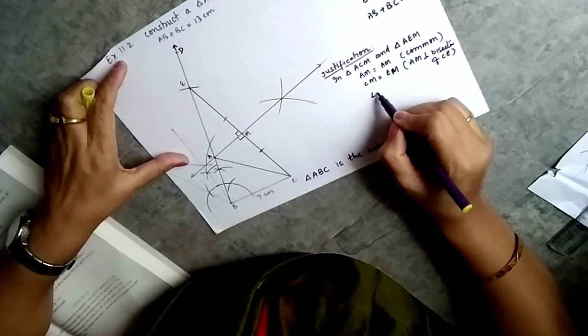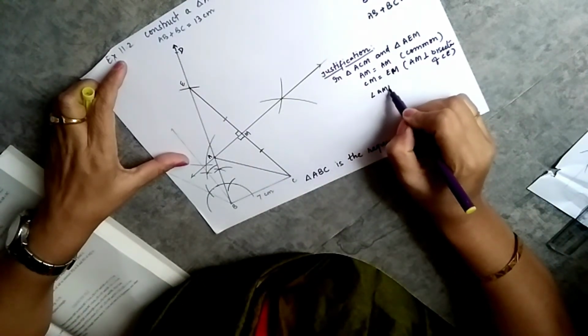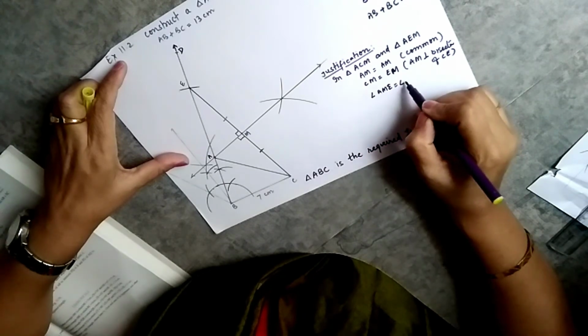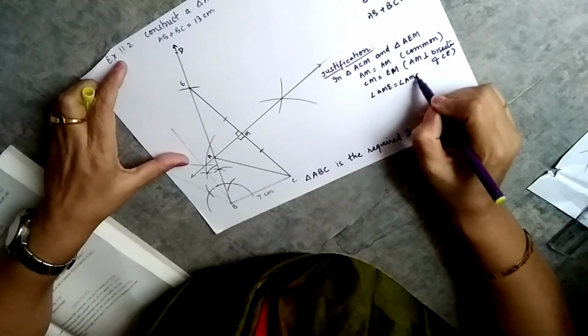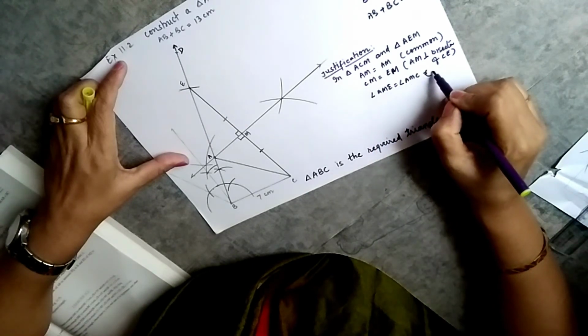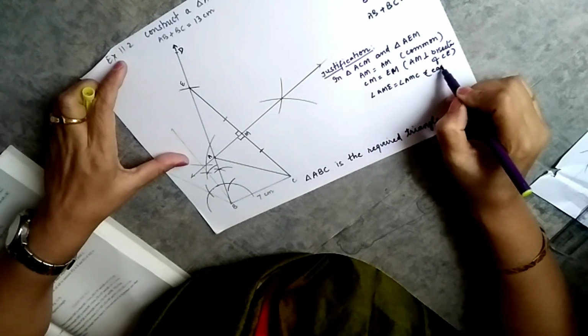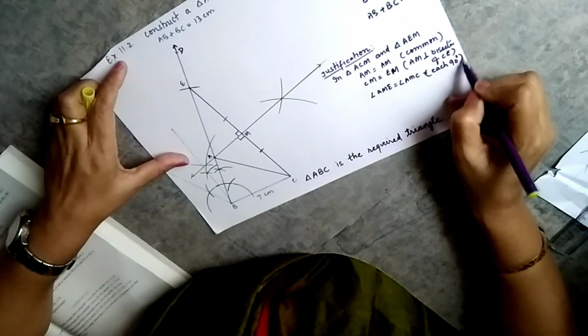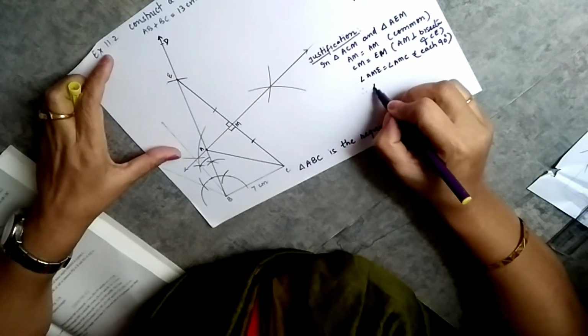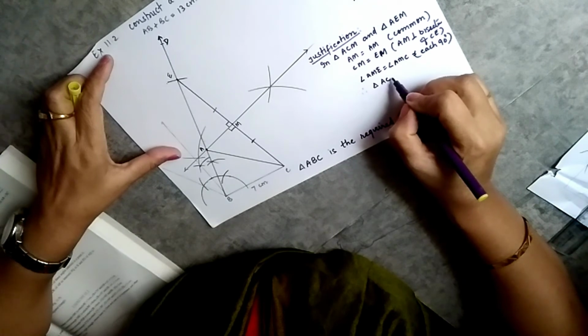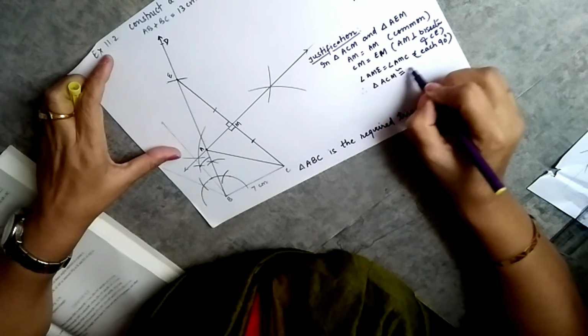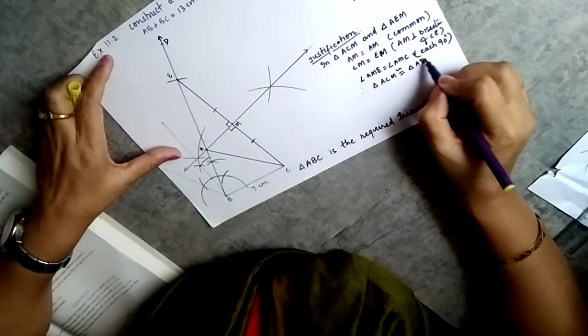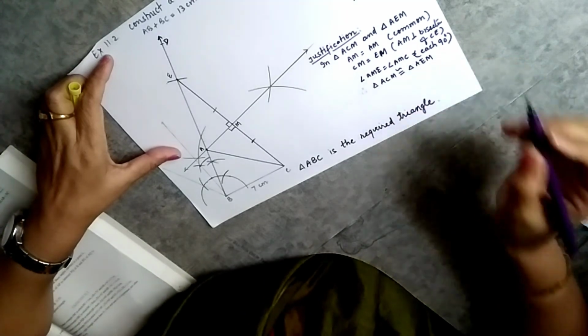And angle AME is equal to angle AMC, each 90 degree. Therefore, triangle ACM is congruent to triangle AEM.